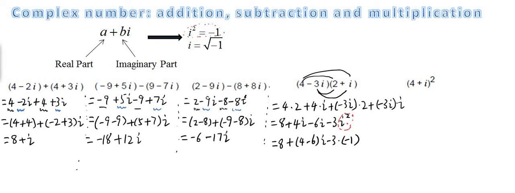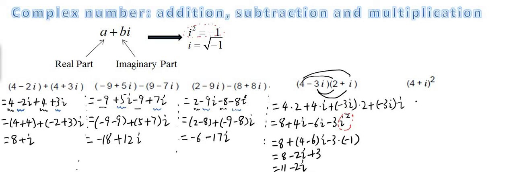Now after we know i squared equals negative 1, we can simplify it. 8, here's 4 minus 6, negative 2, so negative 2i. Negative 3 times negative 1 is positive 3, so we're gonna get 11 minus 2i.